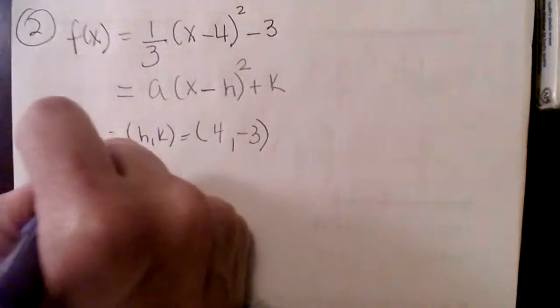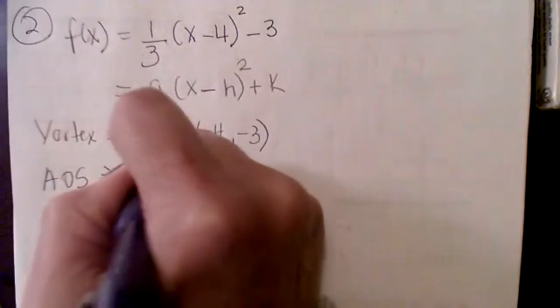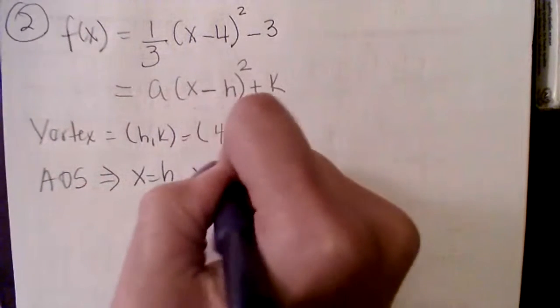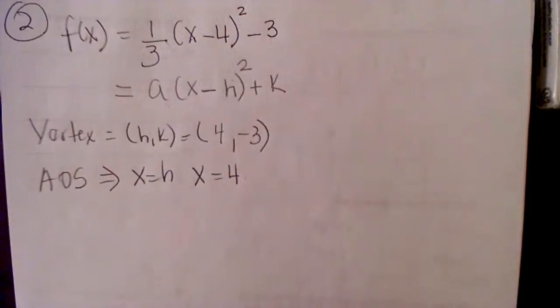And my axis of symmetry, x equals h, is x equals 4.